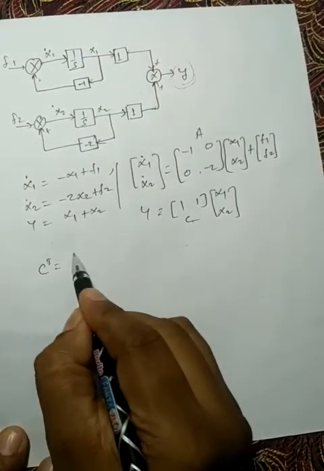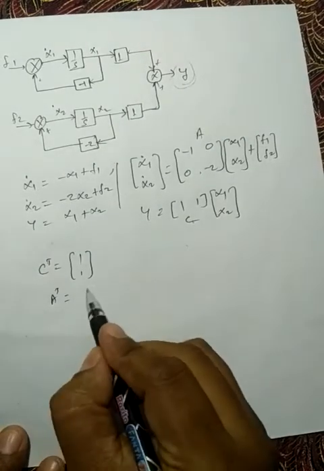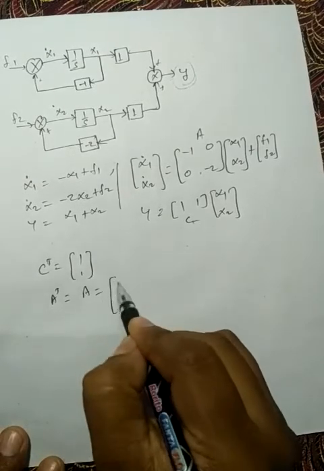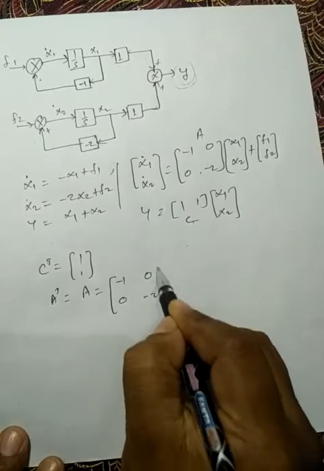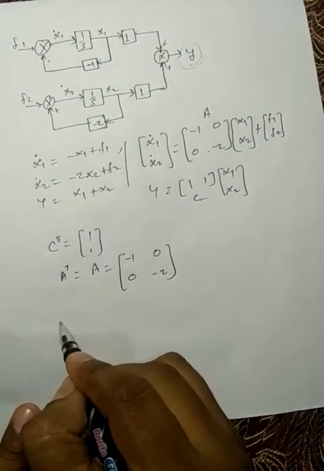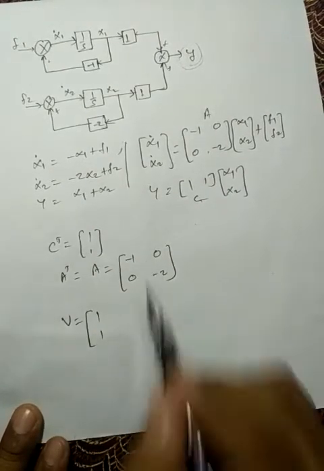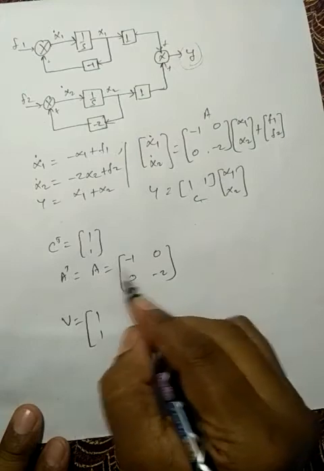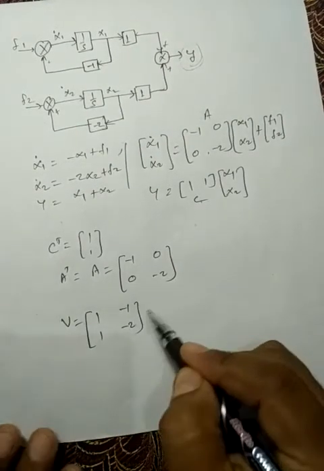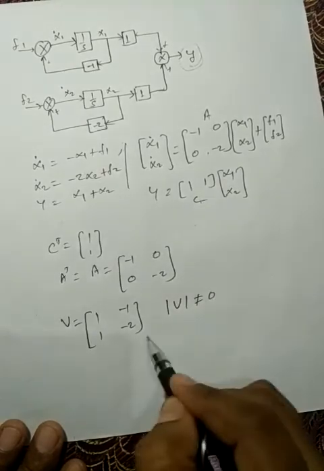C^T will be 1 1, and A^T will be equal to A, because it's a diagonal matrix, -1 0 0 -2. So V is equal to 1 1, and A^T C^T will be -1 and -2, and obviously the determinant is not equal to 0.